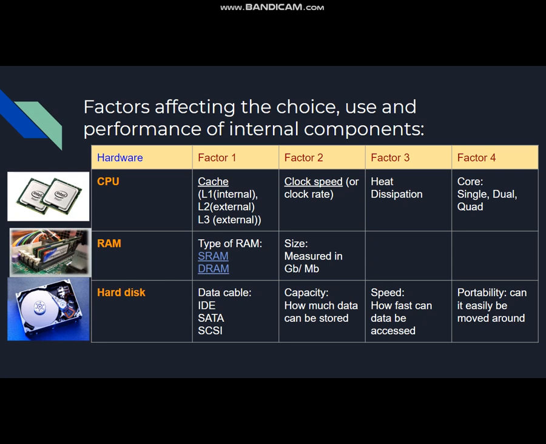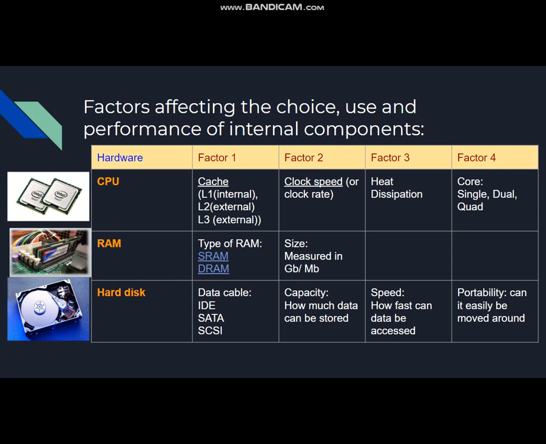If we're able to store it locally, then that would make it a lot faster. And that's exactly what the level 1 internal cache provides us with. It provides very fast storage within the CPU. However, it can only hold a small amount of instructions.